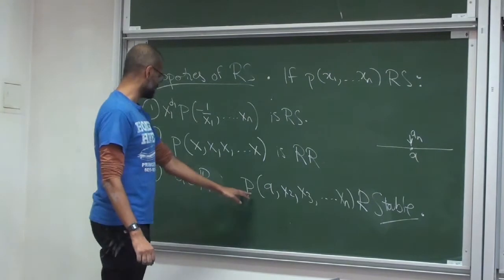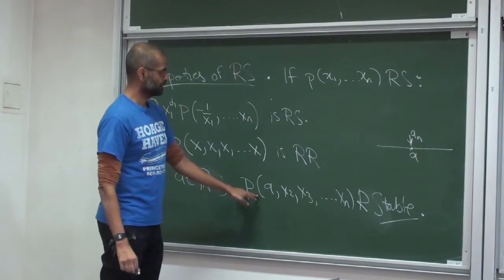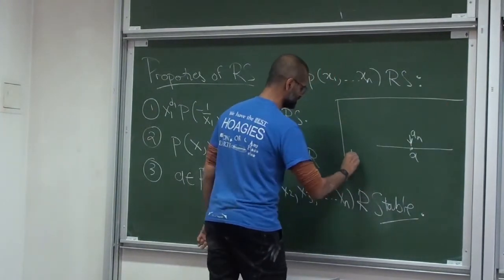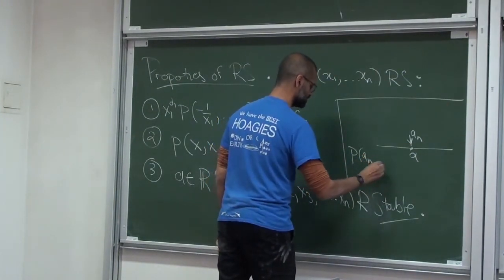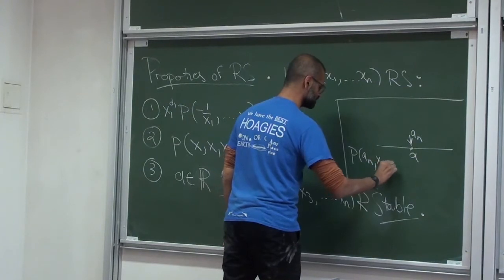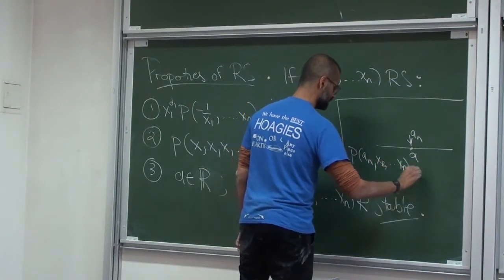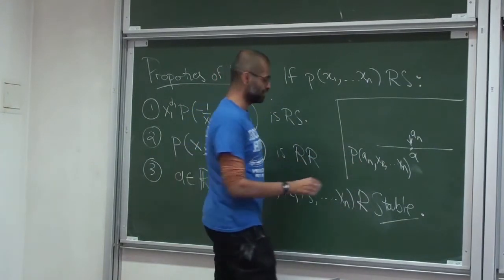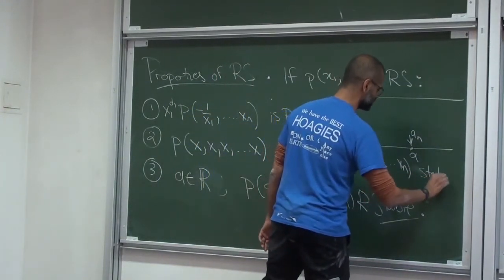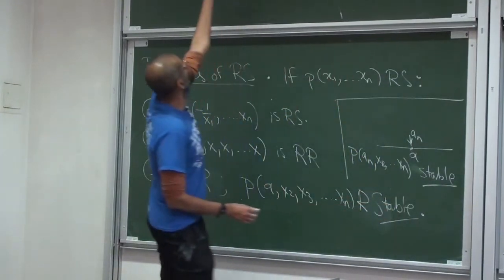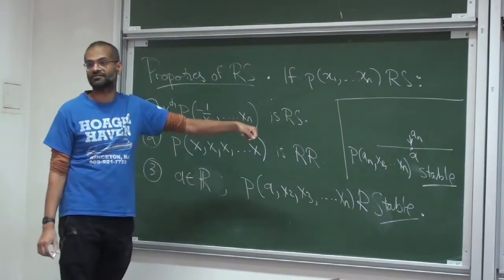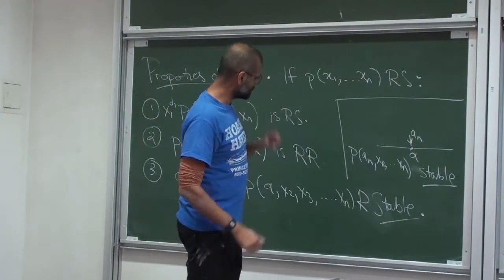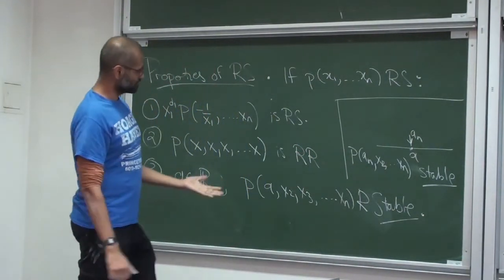Now for each of those ANs, I have that P of AN, x2, through xn, okay, it's not real, it's complex, as you pointed out, but I'm just going to call this stable, which means it satisfies the main property, that when you plug in other things in the upper half plane, it's not 0.